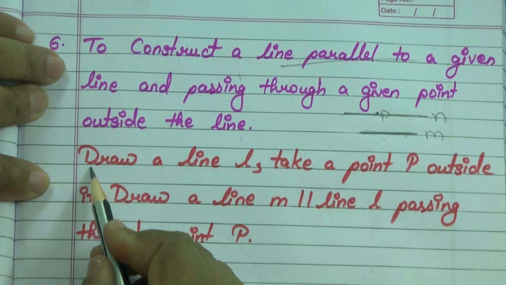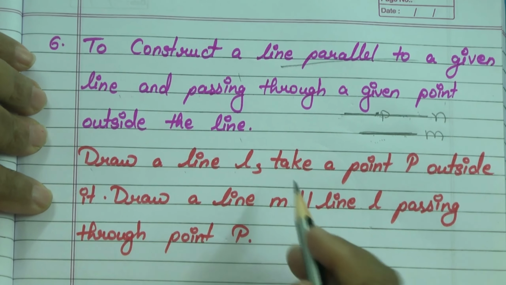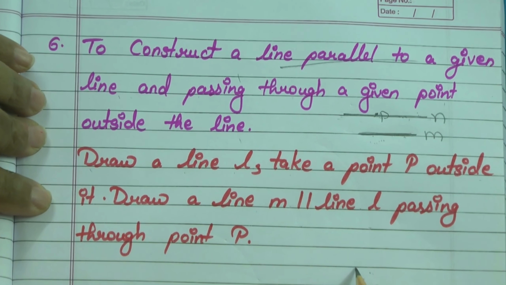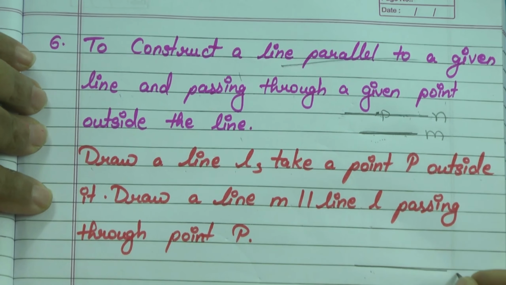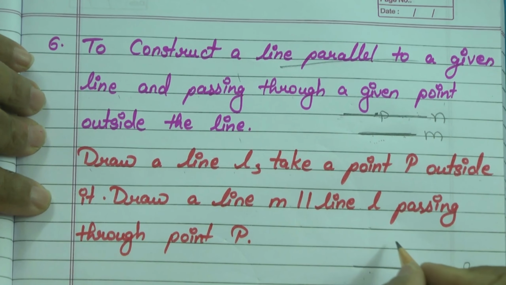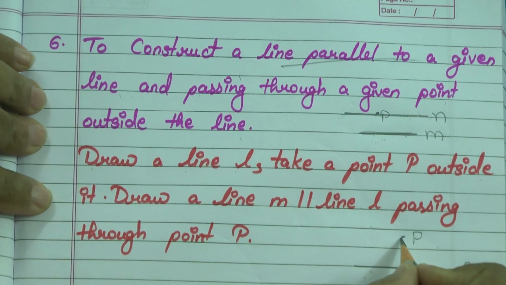Let us see the question. Question is, draw a line L, take a point P outside it. Let me draw a small rough diagram here. Draw a line L, this is line L. Take a point P, so I take a point P here.